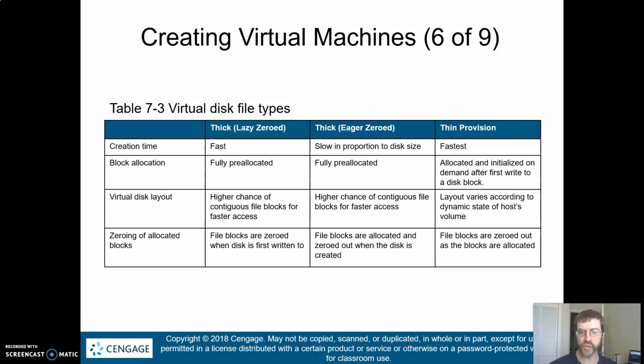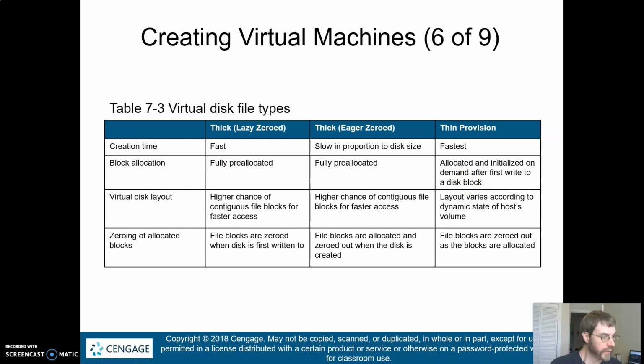And even thick provisioning with lazy zero, you still have a higher chance of non-fragmentation, as opposed to your thin provisioning, where you might have to drop the sectors wherever you can onto the physical drive. And I explained that. So yeah, there's that. I've covered all of this.